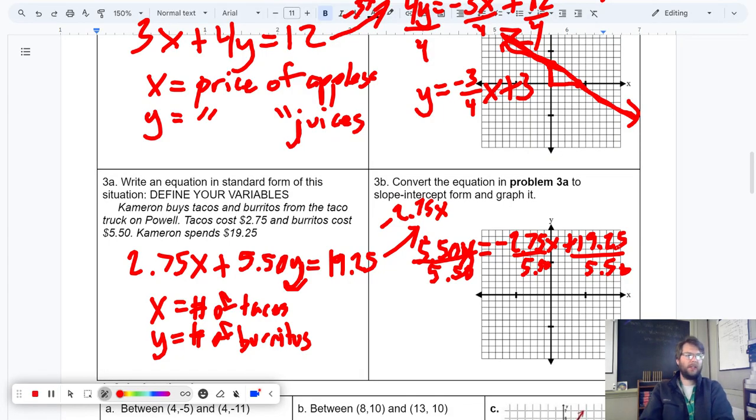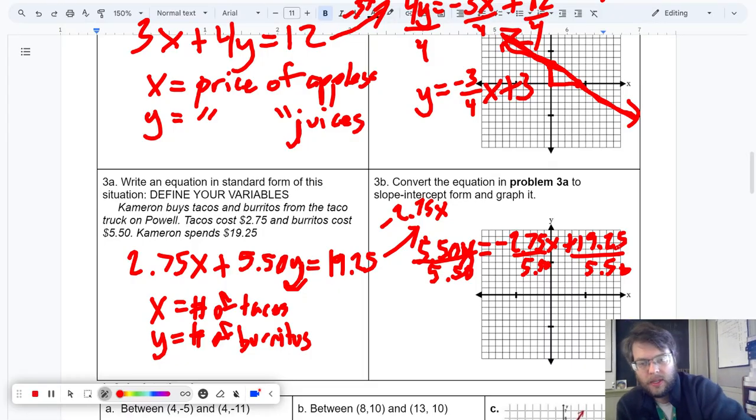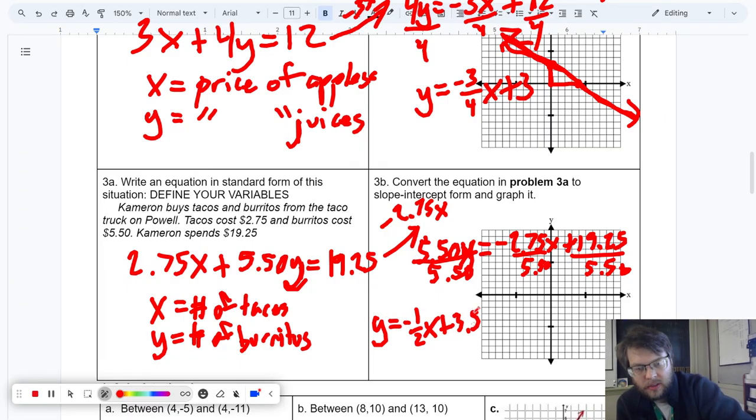Does that come out to be a nice one? 1925, oops, helps if you type it in right. 3.5. So I get y equals negative 1/2 x plus 3.5. So this can be a little tricky to graph.